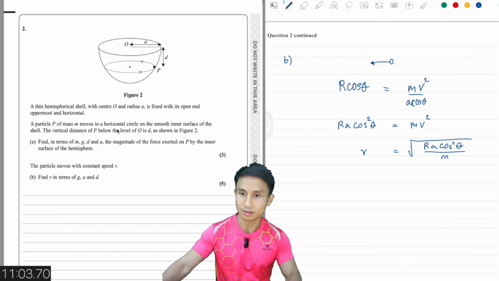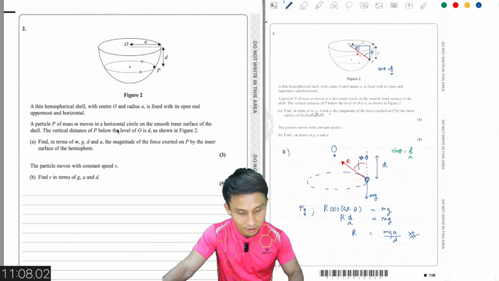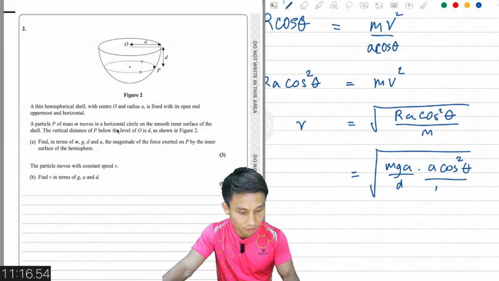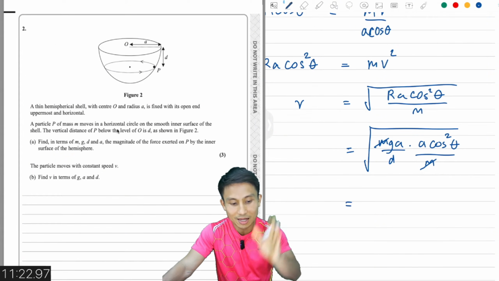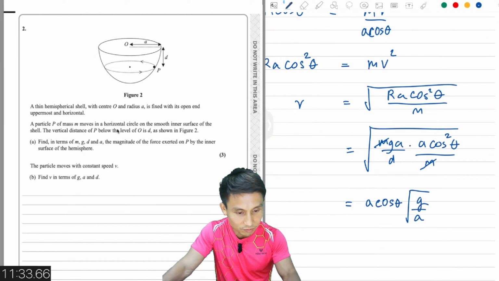Now we got earlier that R is just mga over d, so we're going to use that. mga over d times a cos squared theta over m. So m cancels, and then there are a and cos theta that we can bring out, and in the square root there will just be g and d. So we write a cos theta outside the square root, and then g over d inside the square root.